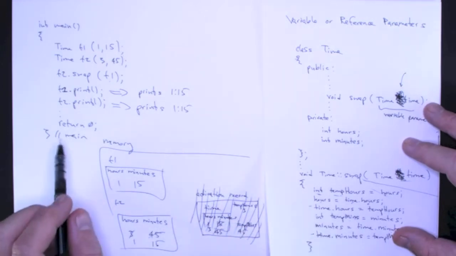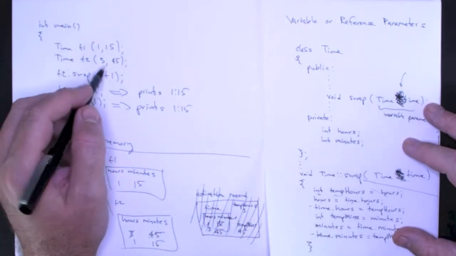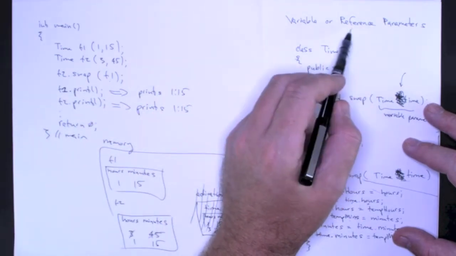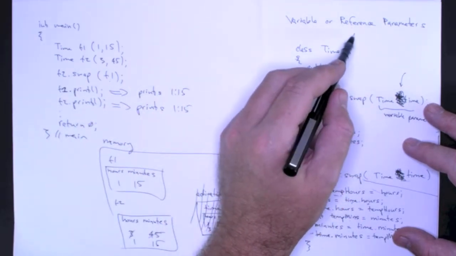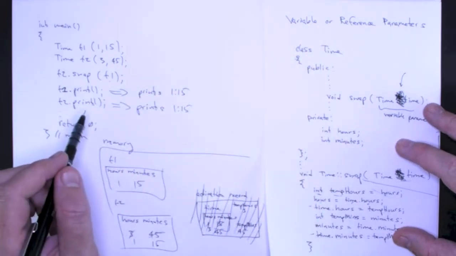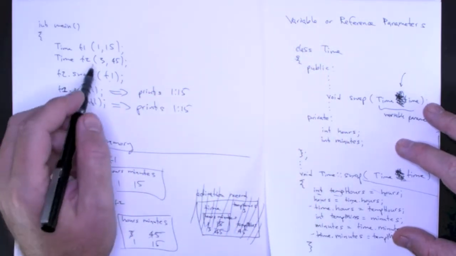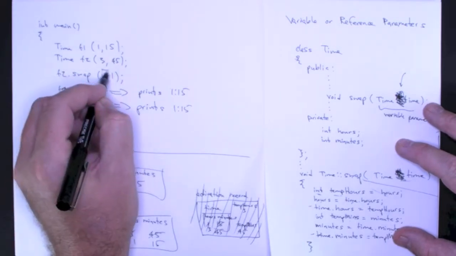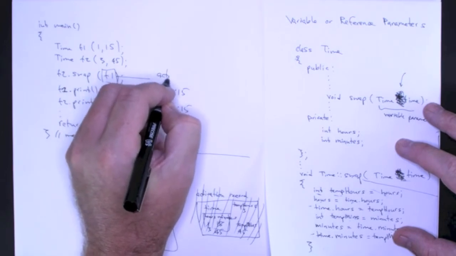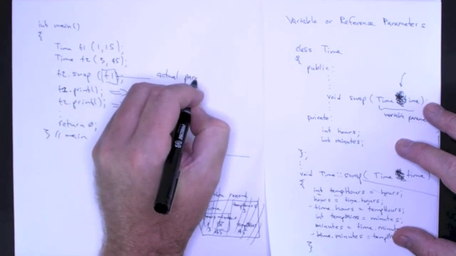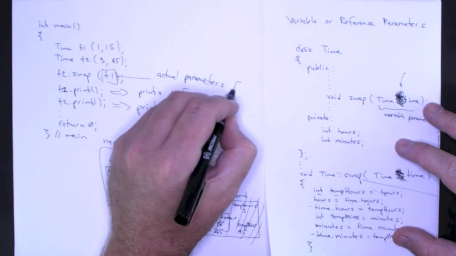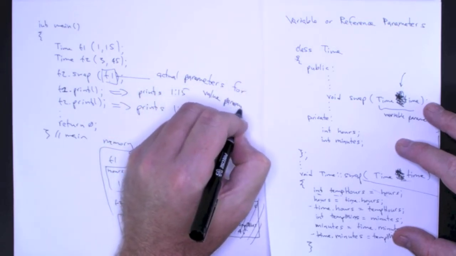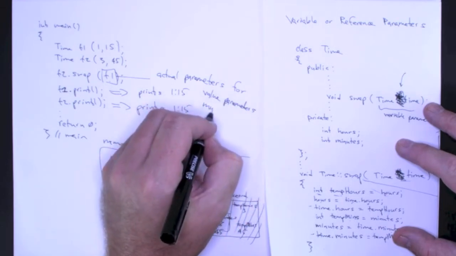Now, one thing you cannot do is you cannot pass a literal as a reference parameter. And the reason is because literals don't have addresses. So you have to pass an object, and that will give you a syntax error, okay? So actual parameters for reference parameters must be objects.